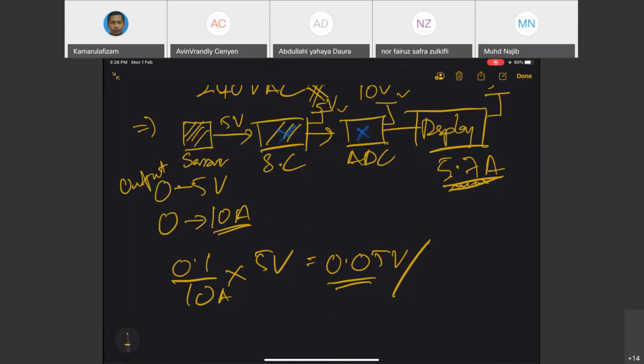In this case, because the ADC is running at 10 volts, you may want to consider to get some kind of amplifier. Gain equal to berapa? 2. 2. All right. Okay.